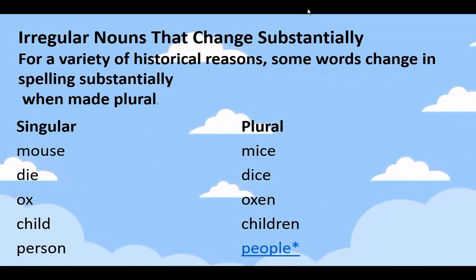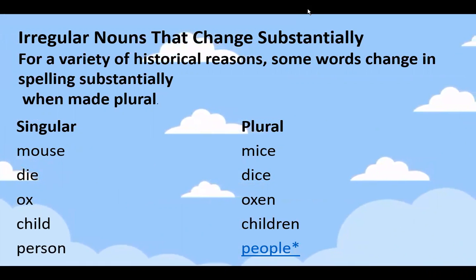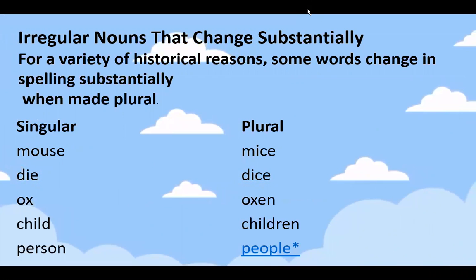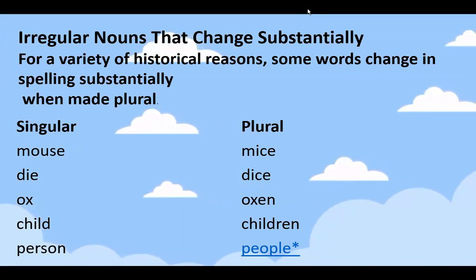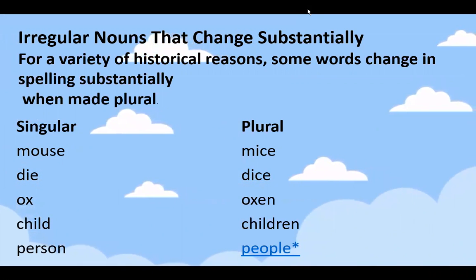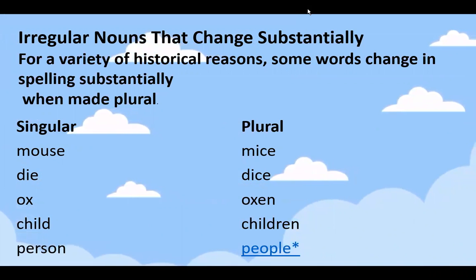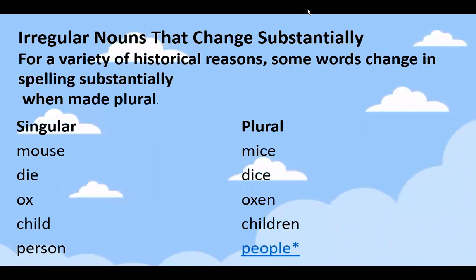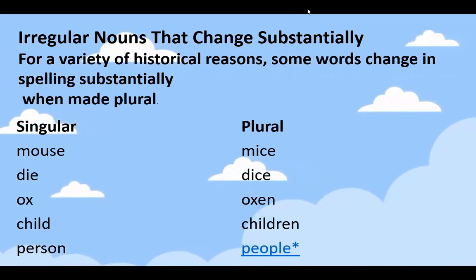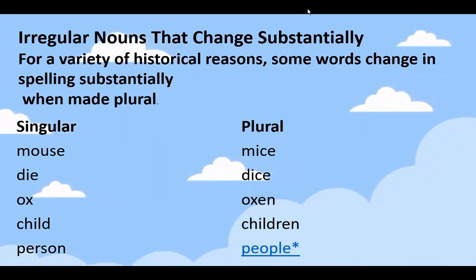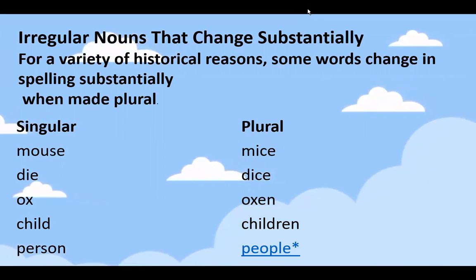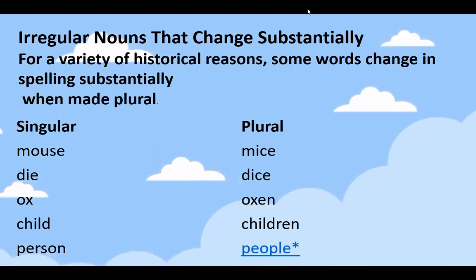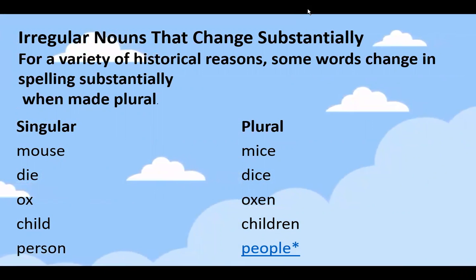The singular noun die will become dice. The ox will become oxen, and the child will become children in their plural form. A person will become people. Now, there is an asterisk on people because it actually varies in the manner of how you will use the plural form.